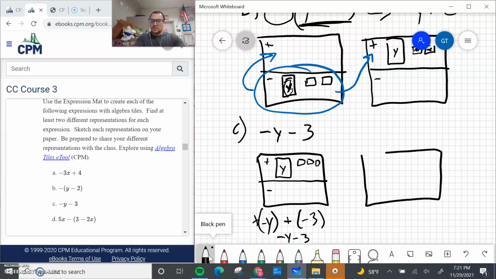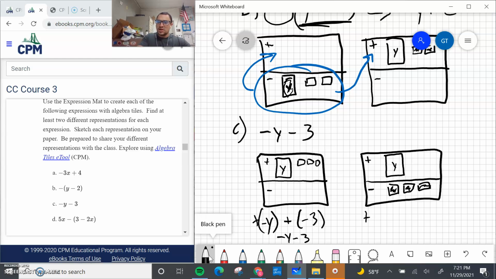And the second thing is, let me keep the y there just for fun. So I'm going to keep the y there, so it's a negative y. And then in the negative section, I'm going to put positives.